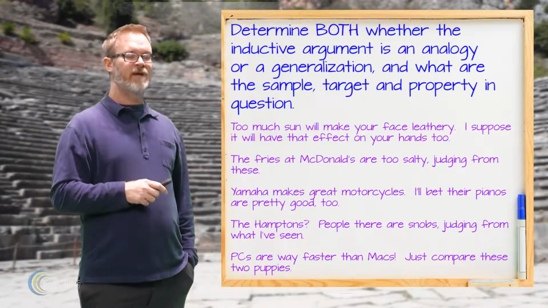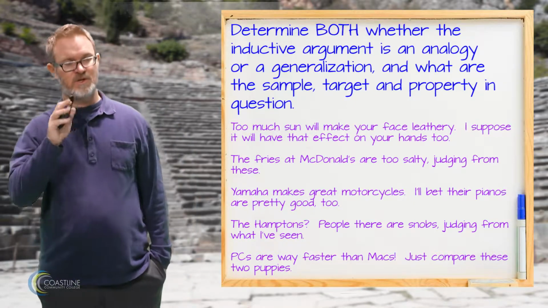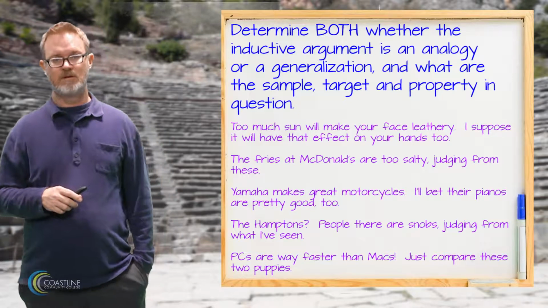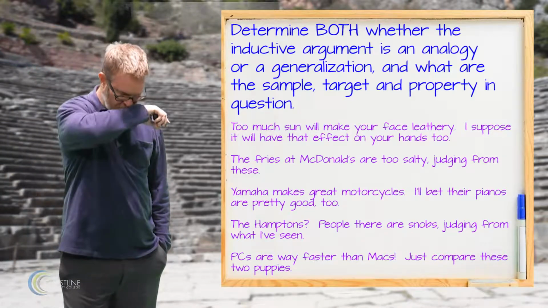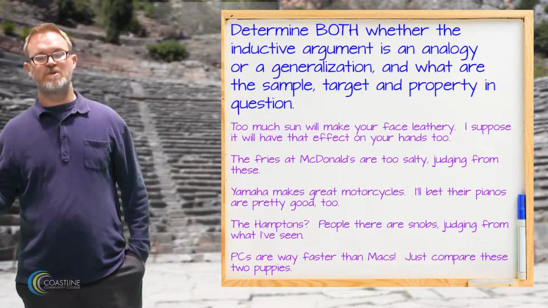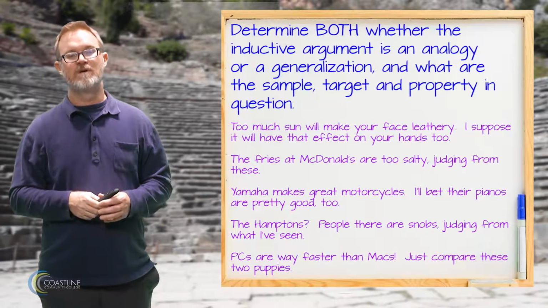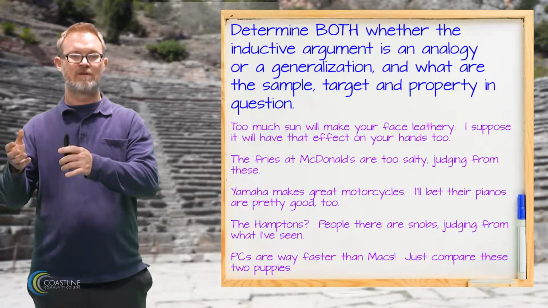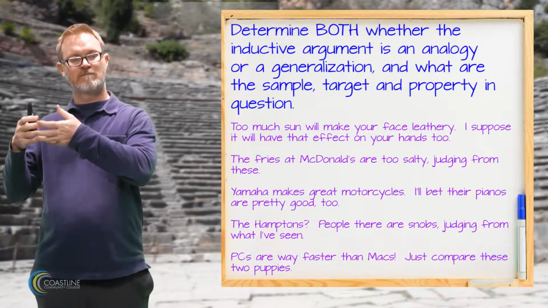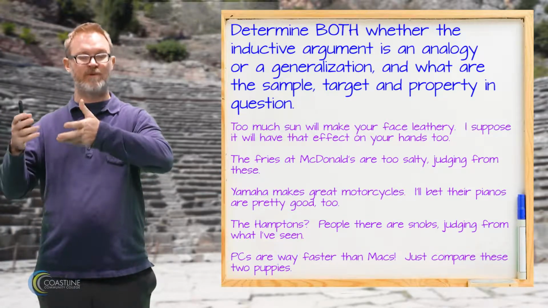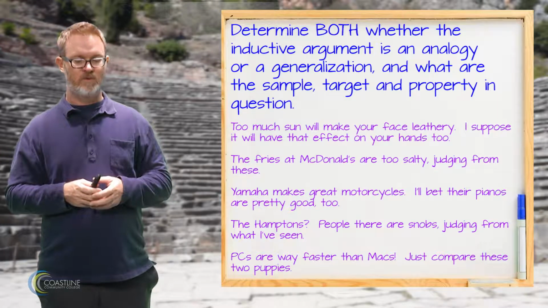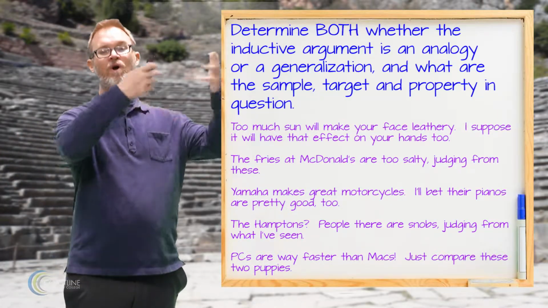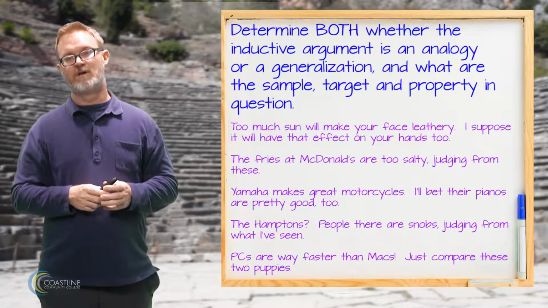Okay, the next example, it says the Hamptons, people there are snobs judging from what I've seen. So this again seems to be a generalization, because here we're inferring from what we've seen. The snobby people from the Hamptons that we've seen, we're inferring from that experience to make the claim that all people from the Hamptons are snobby.